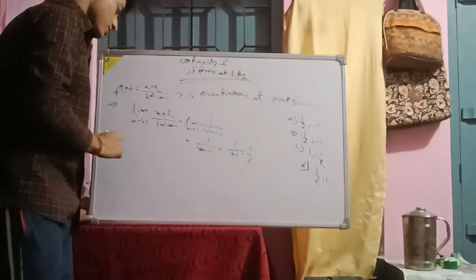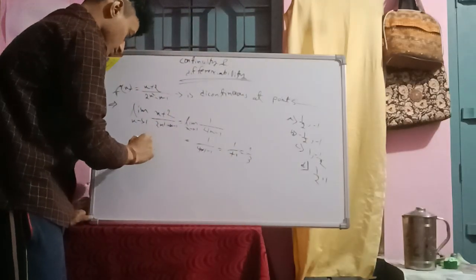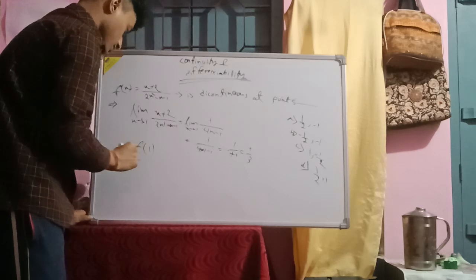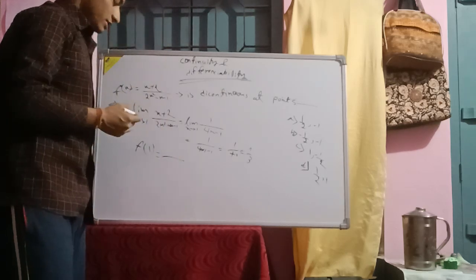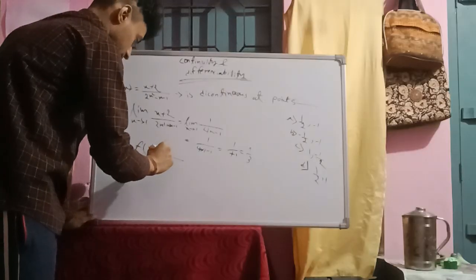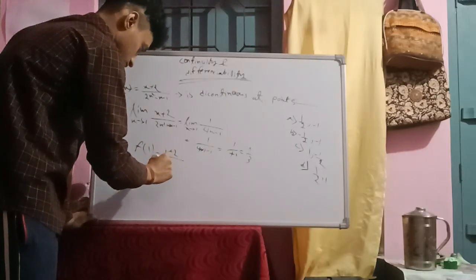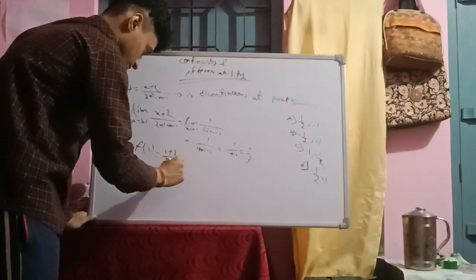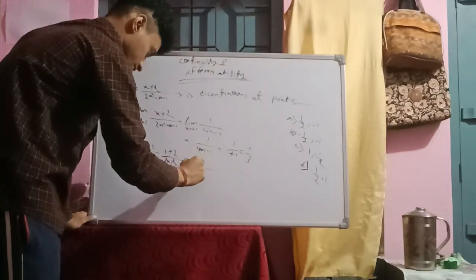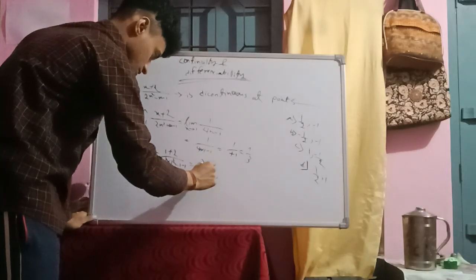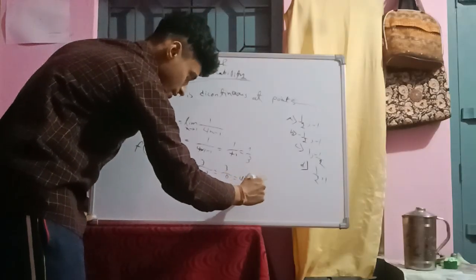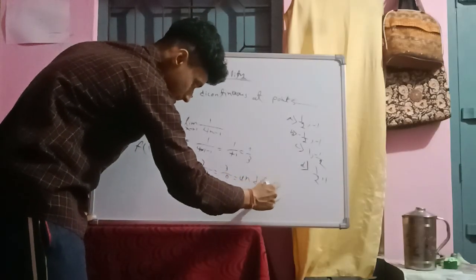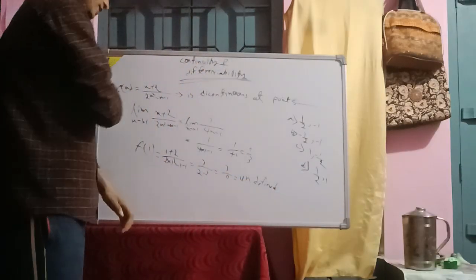And now the functional value of this function at point x would be, as I told you, undefined. It's going to be 1 plus 2 over 2 times 1 square minus 1 minus 1. That is going to be 3 over 2 minus 2. That is going to be 3 over 0. That is undefined.